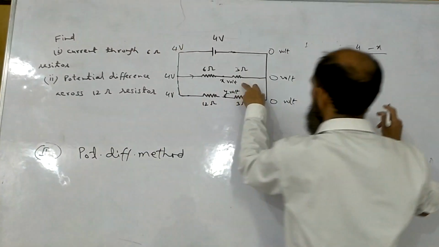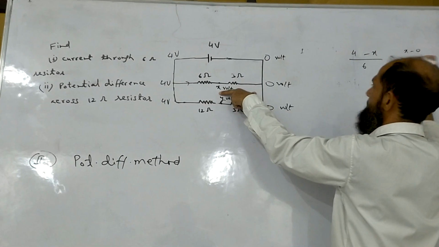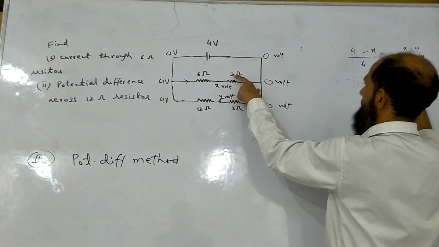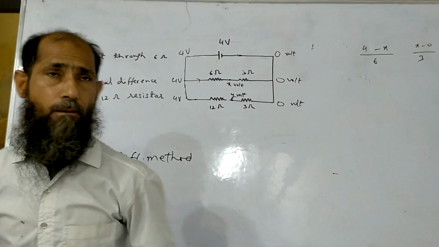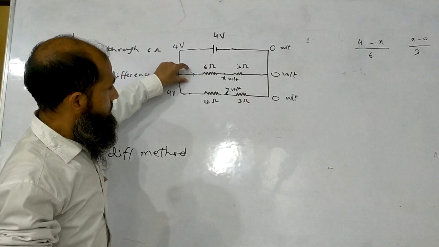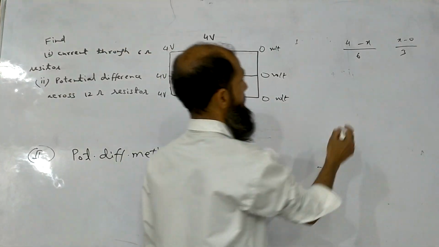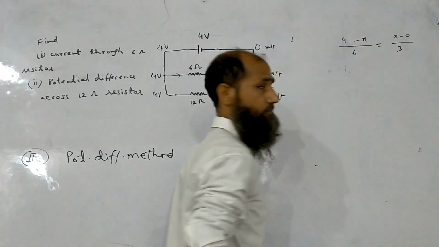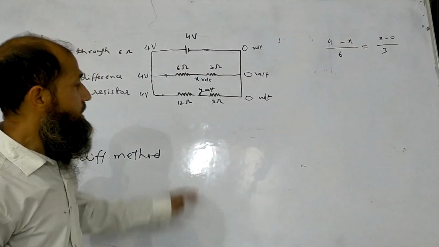Now the current through this one is equal to X minus 0 divided by 3. Now these two currents must be equal because these two resistors are in series, right? The same current will pass through both the resistors, so we have this equal to this. The same way, through these two resistors the same current will pass.